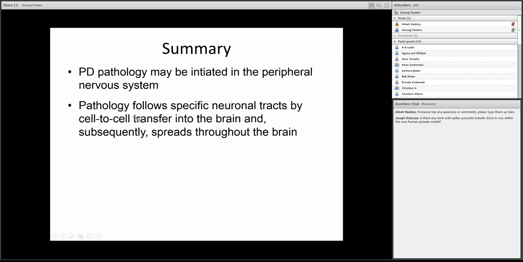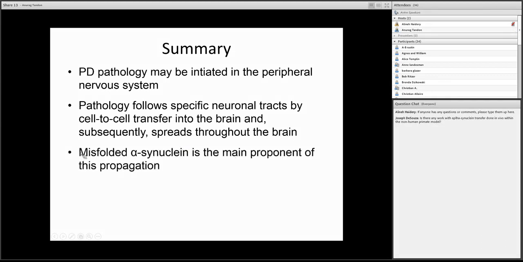And this was shown in that study where fibrils were injected directly into the brain, and subsequently that pathology then spread throughout the brain. So although we don't know whether there is a direct link from the peripheral nervous system of this pathology into the central nervous system, we certainly do know that once it's in the brain, it can spread from one place to another.